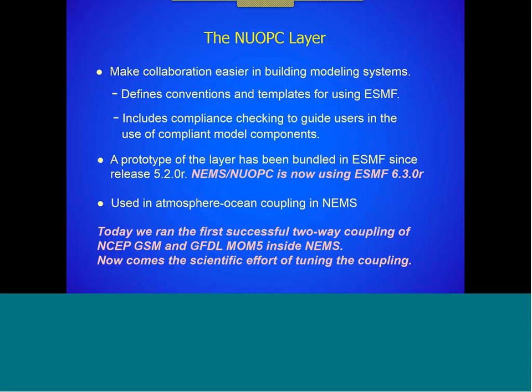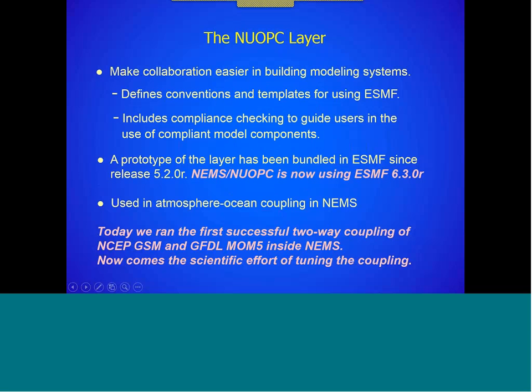All right. Cecilia mentioned the NOAA layer, and we are invoking it now into NEMS. As Cecilia mentioned, it makes the use of ESMF more tightly constrained with what metadata you use, and everything has conventions and templates.